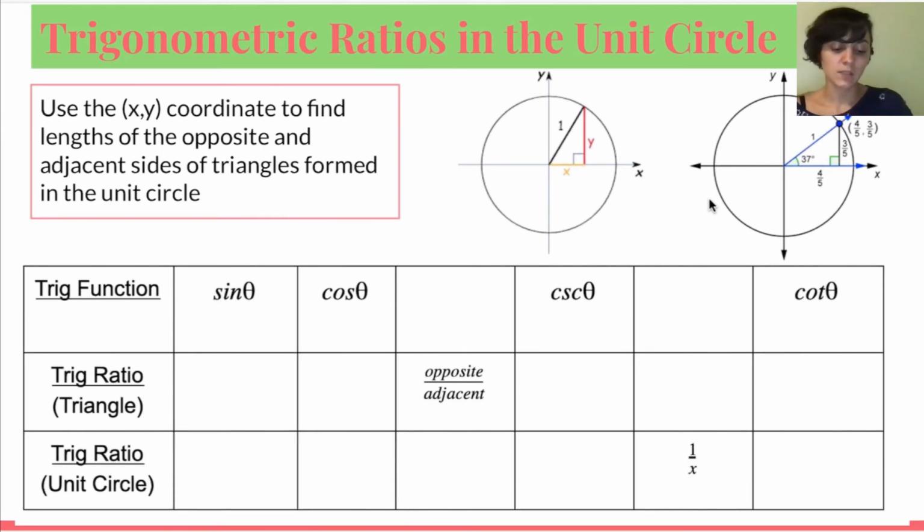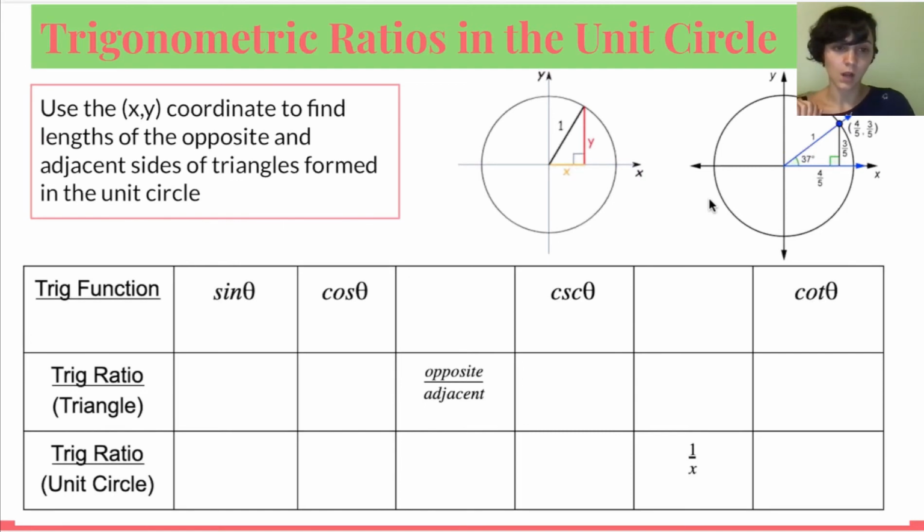Okay, so using trigonometric ratios in the unit circle. I touched base on this a little bit in the warm-up, but here is all the info you need if that was a little bit confusing. Basically, you'll use the xy coordinate to find the lengths of the opposite and adjacent sides of a triangle formed in the unit circle.